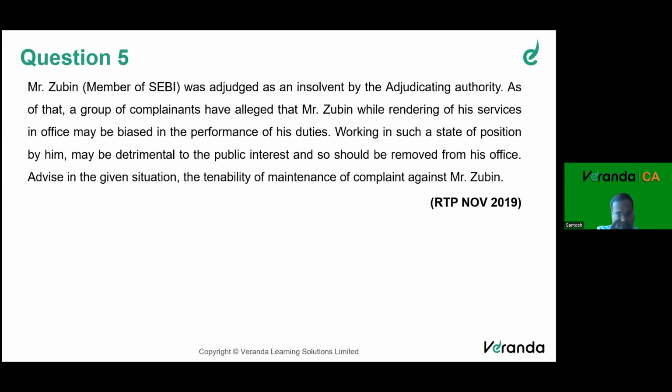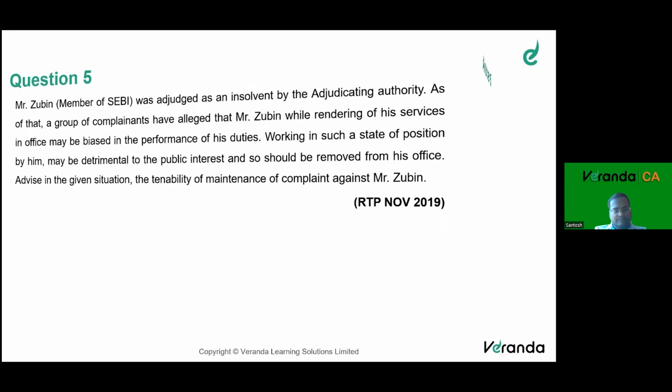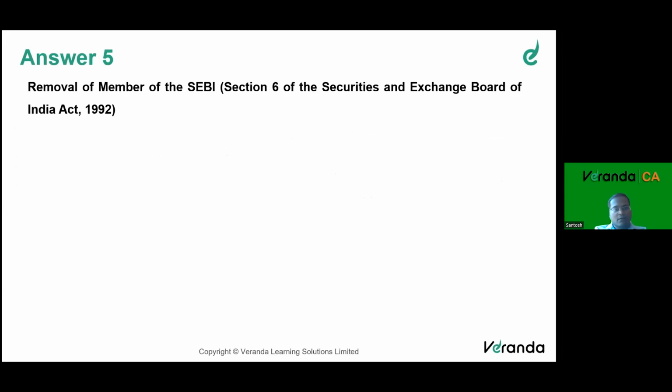Advise in the given scenario the tenability of the complaint against Mr. Zubin. So Mr. Zubin is a member of SEBI and he's been adjudicated as an insolvent. So now what are the ways in which he can be sent out of the board?